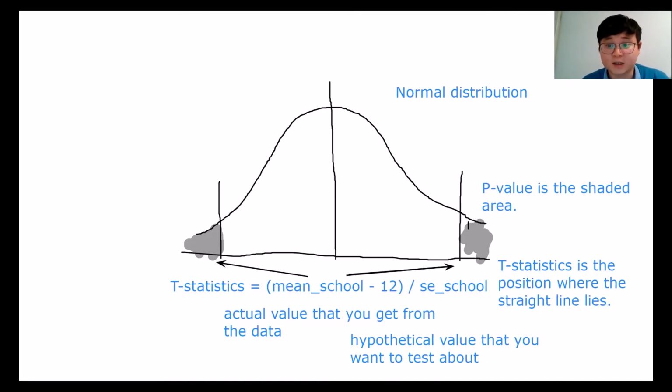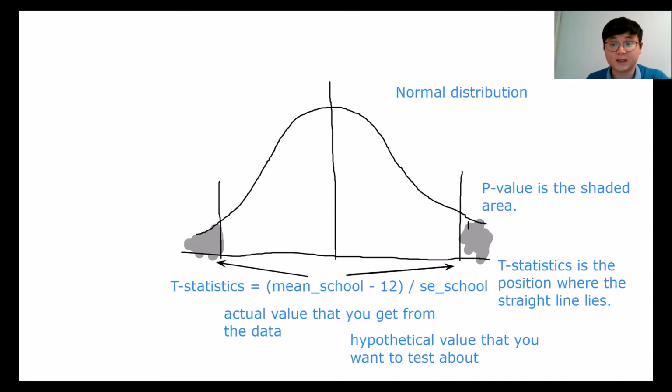Which means that in this data set, based on our hypothesis that there is no gap between the schooling of females and males, the probability for us to get the score gap from our calculation is actually bigger than 5%.